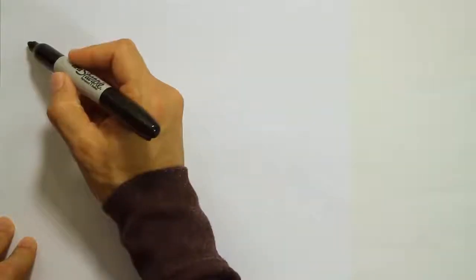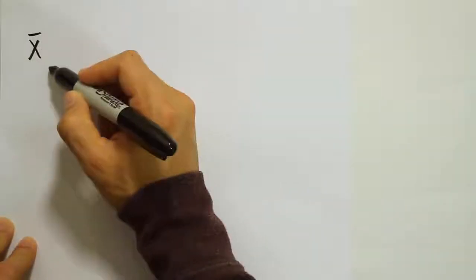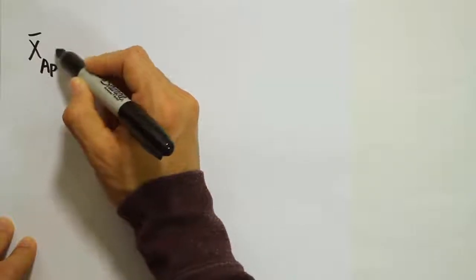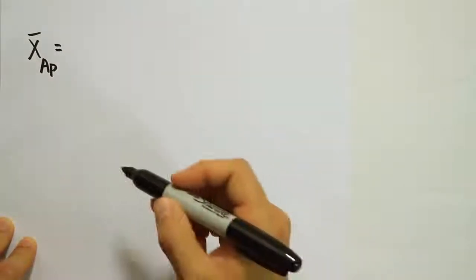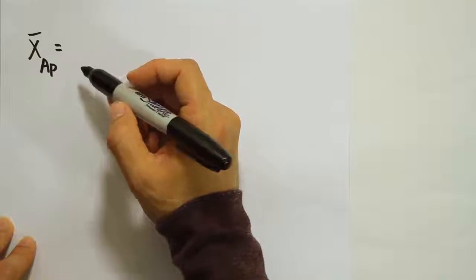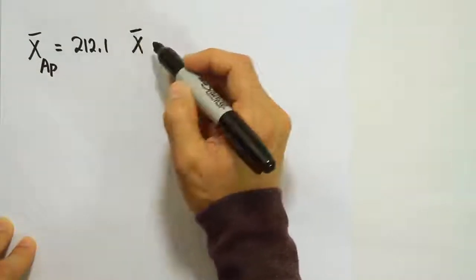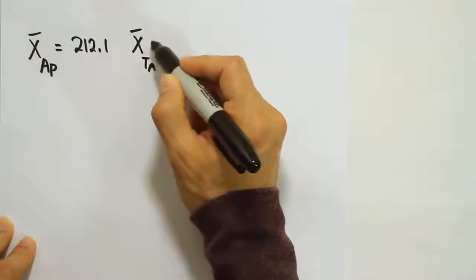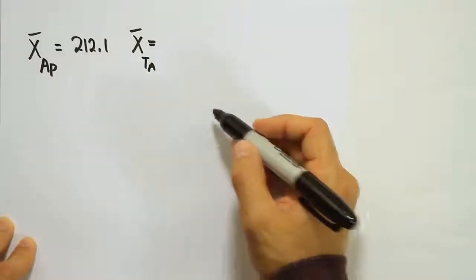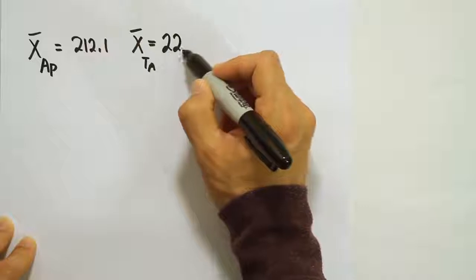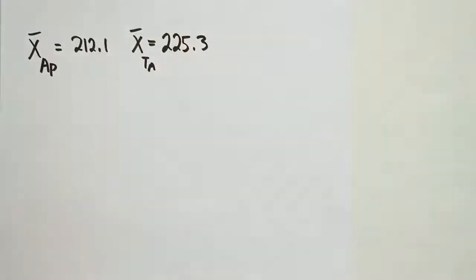All right, so we'll have x bar for the real estate appraisers group to be 212.1, and the x bar from the tax appraisers group being 225.3.